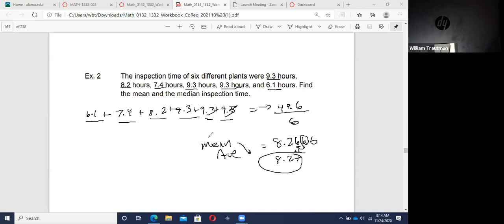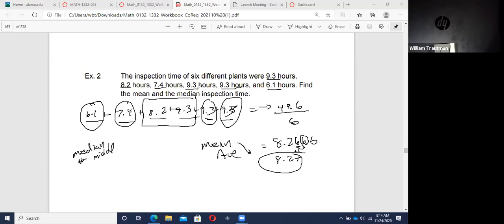Now, it's in order. The median is the number in the middle. However, there are an even number of pieces of data, 6. Do you see there's 2 pieces in the middle? If you have an even amount of data, you have to pick the 2 middle ones. With odd, there's always going to be a middle.